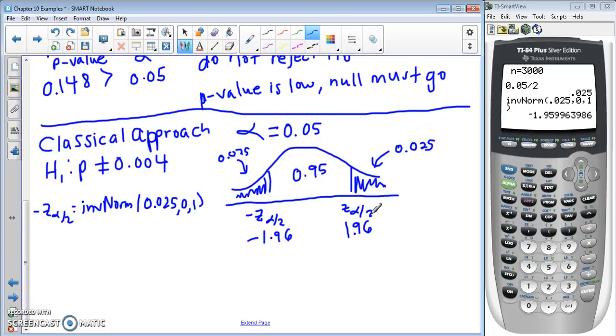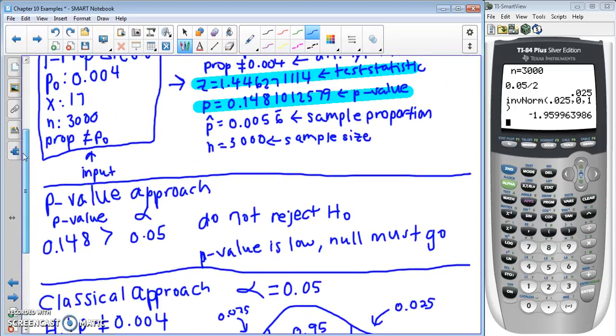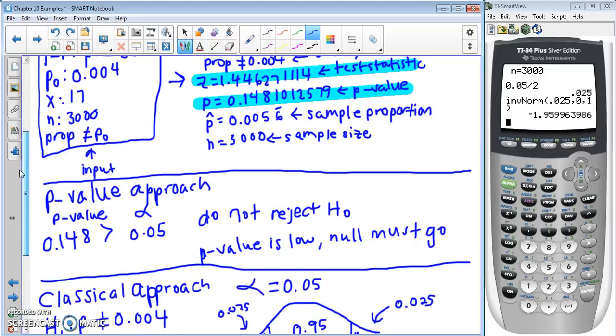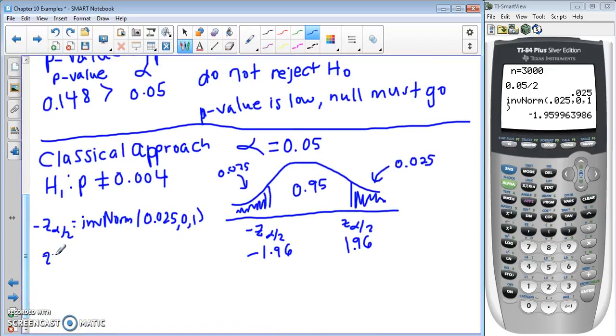So now what we want to do is compare that with our test statistic. Our test statistic, z, was approximately 1.45. So where does that fall? Well, 1.45 falls somewhere here, right? We can just think about that being on our z distribution. Well, 0 is right in the middle, right?